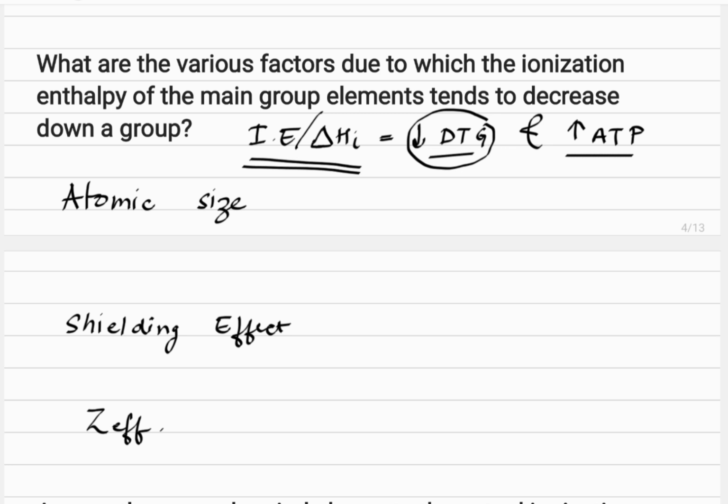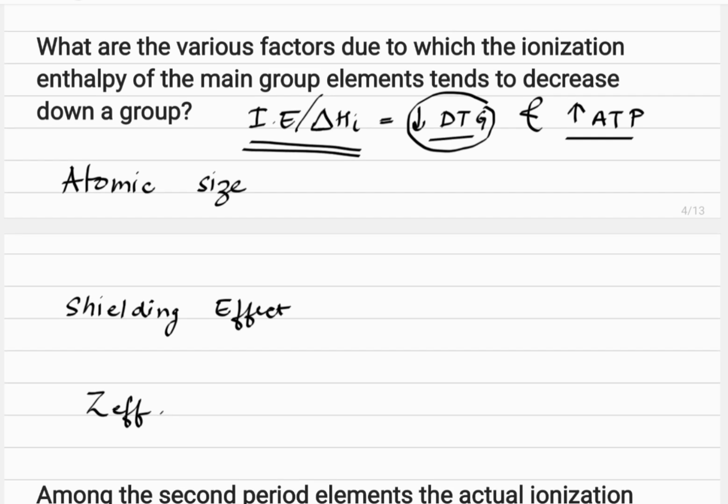So we'll focus on that, but the reverse is true for how it increases along the period. Now, it decreases down the group. Basically, it boils down to this: if Z effective increases, ionization energy increases. Because Z effective is what?